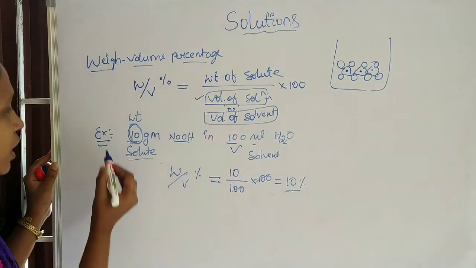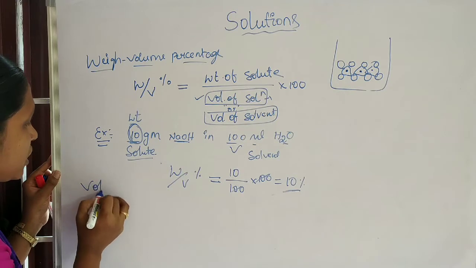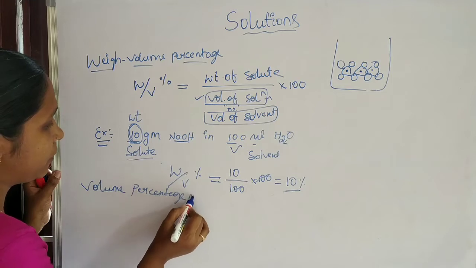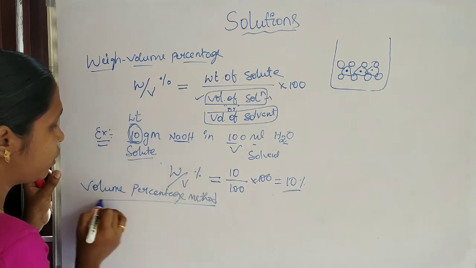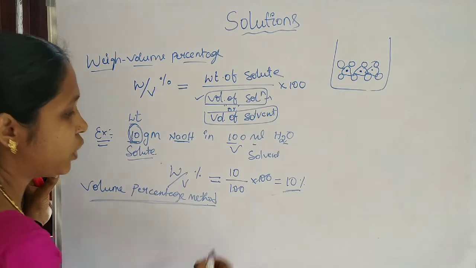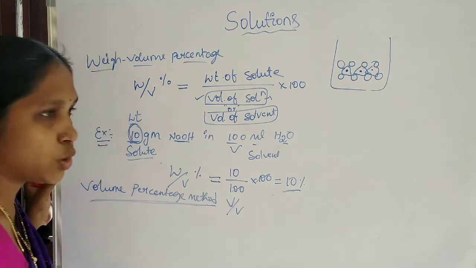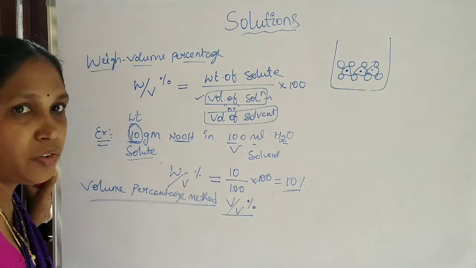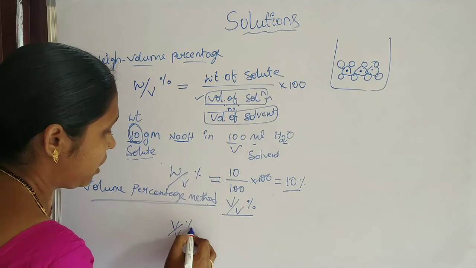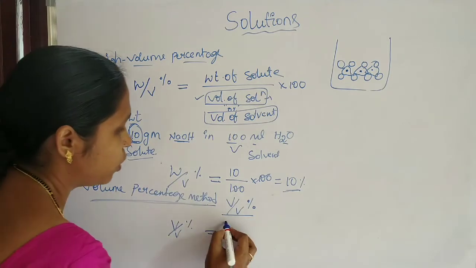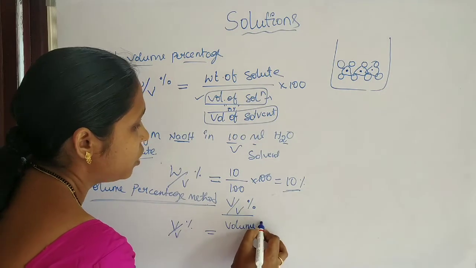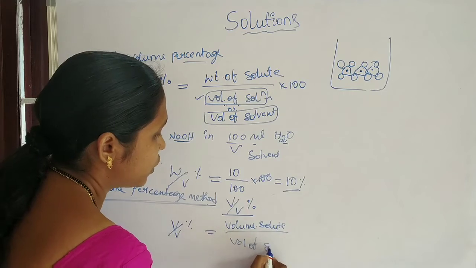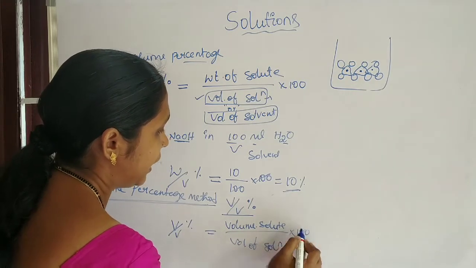See the next one, the volume percentage method. This type of concentration method we use for liquid solutions or gaseous solutions. It is indicated with V by V percentage, which is equal to the volume of solute by volume of solution, into 100.